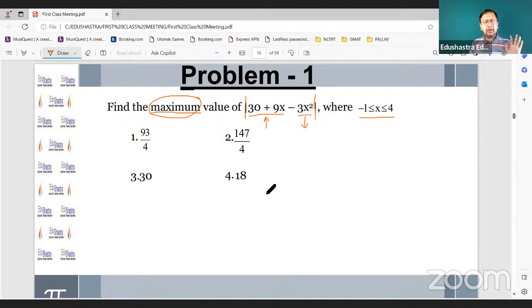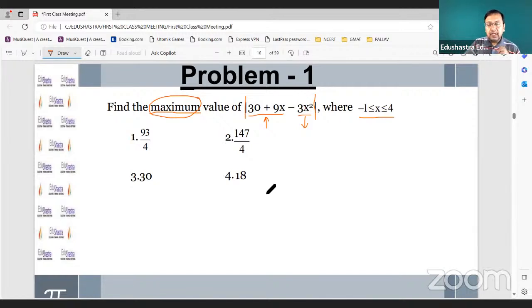Take a simple logic: if you have a product where one is increasing and one is decreasing and you have to maximize the overall thing, you increase the increasing thing as much as you can and decrease the decreasing thing as much as you can. Anyone can know this. The same logic I am putting here.